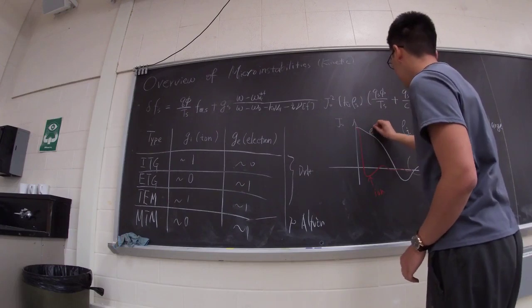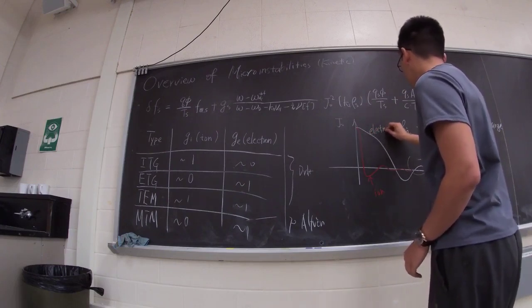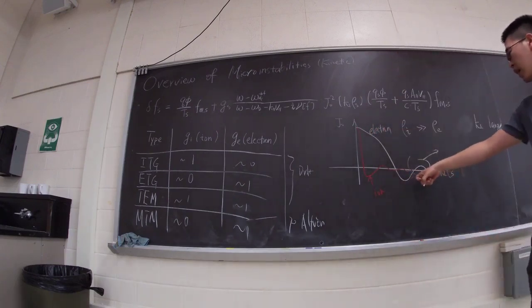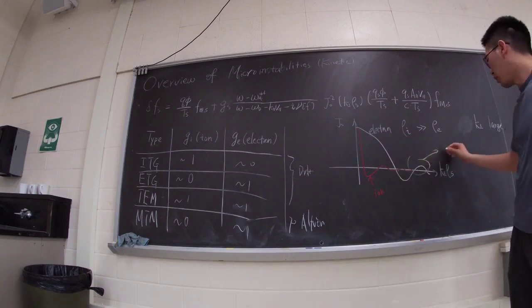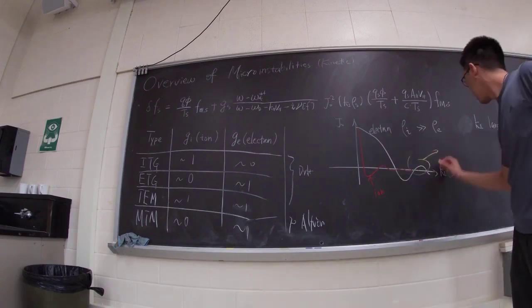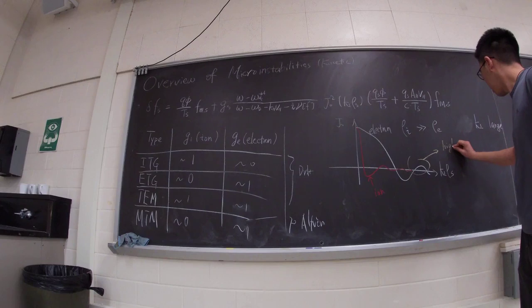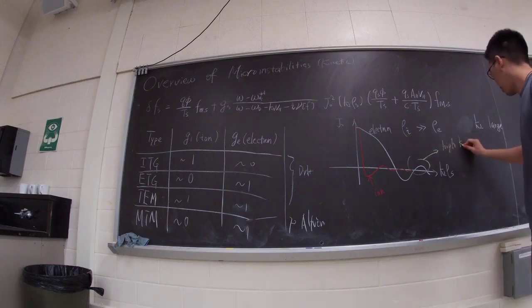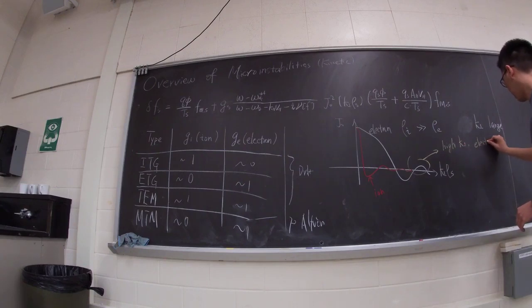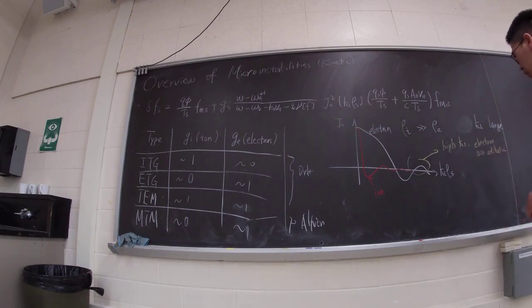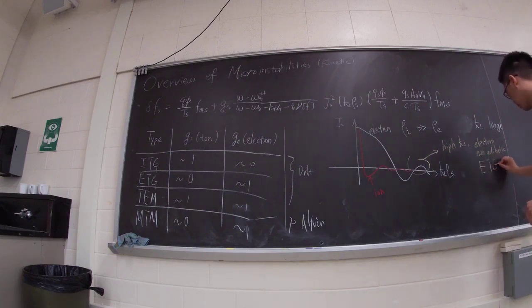This is electron. So the ion is almost gone. So for high k perp, the electron is non-adiabatic, which means it will be mostly ETG.